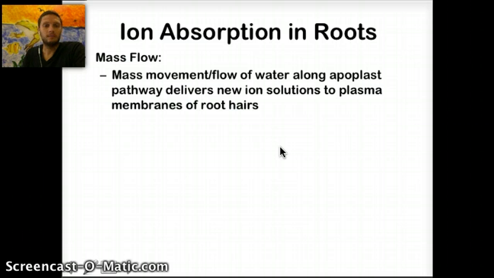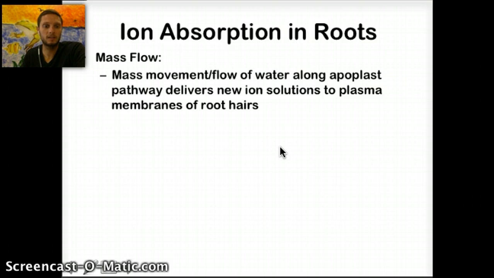How are these ions absorbed? Well, to begin looking at this, we need to talk about mass flow. And mass flow is the movement of water against apoplast pathways, and we'll talk about those more in a little bit. And it delivers new ion solutions to the plasma membranes of the root hairs. The apoplast is basically a free diffusional space.